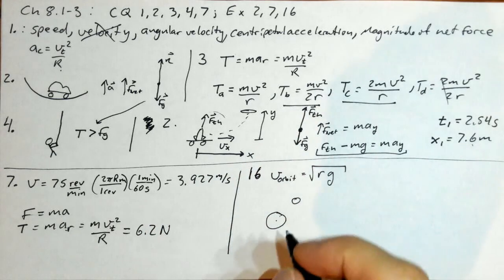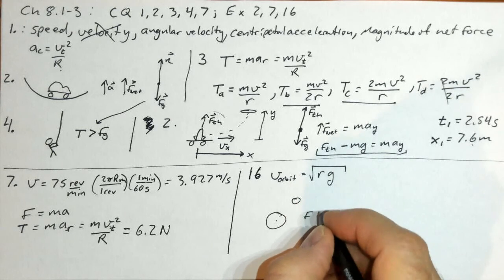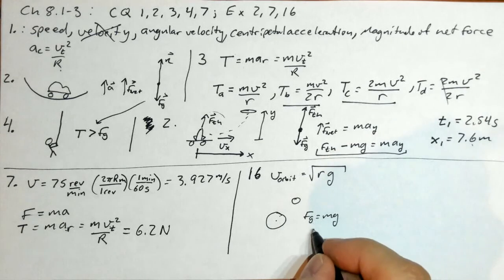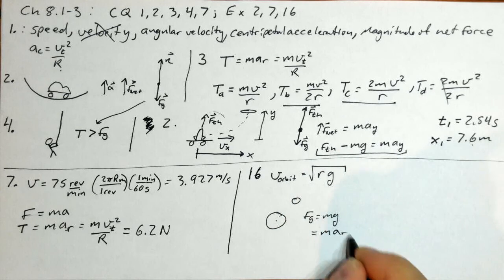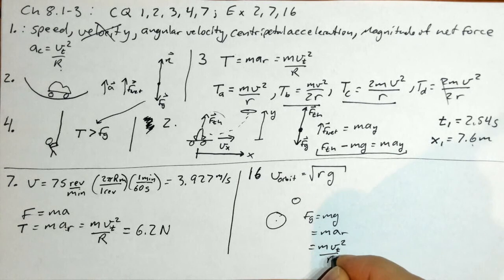If we think about the force of gravity when you're close to the surface of the Earth, it's just mg, but by Newton's second law, that equals the acceleration in the radial direction, the centripetal acceleration, which we know equals the tangential velocity squared over the radius.